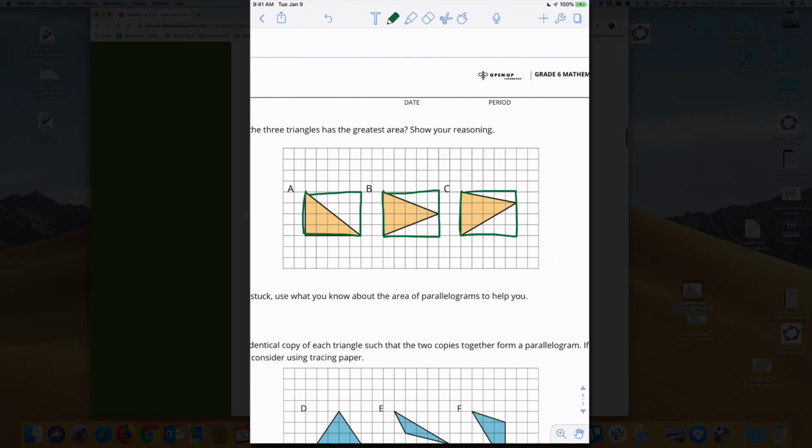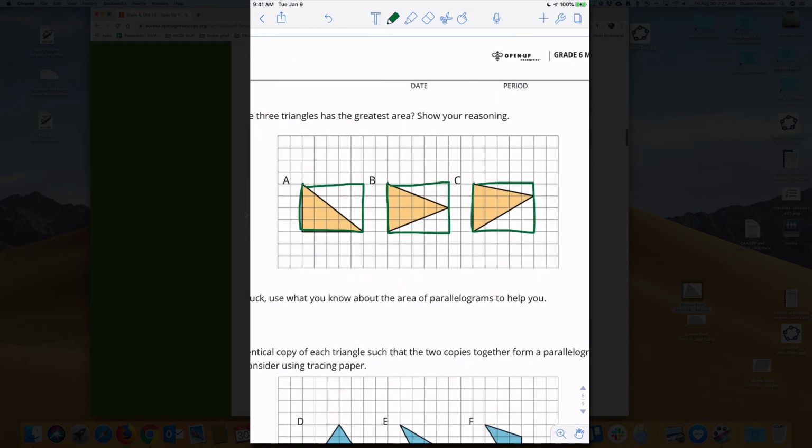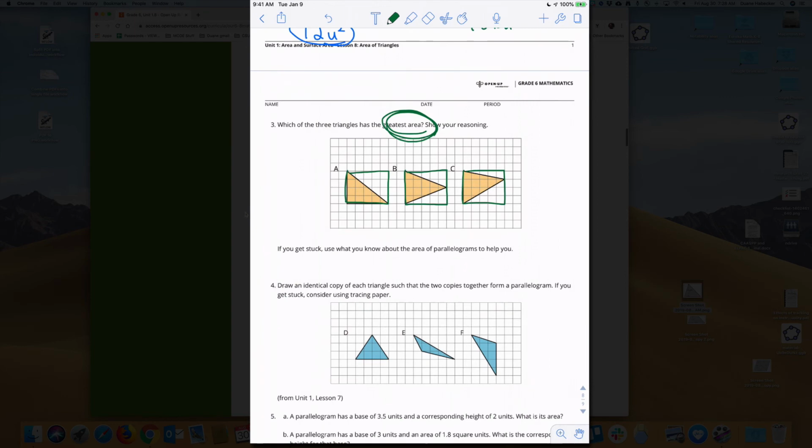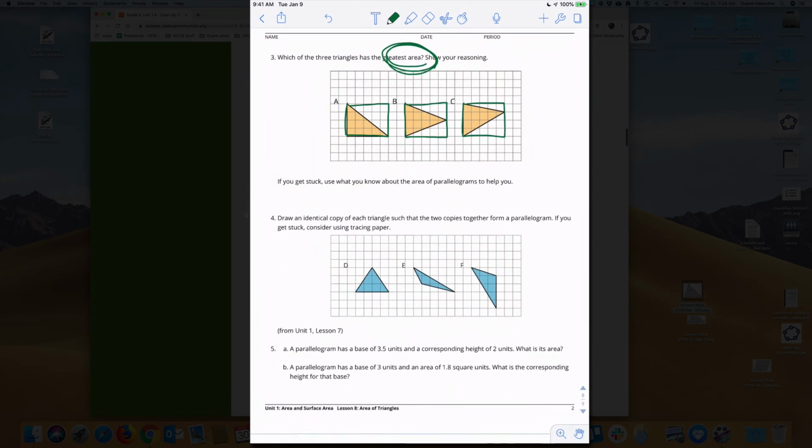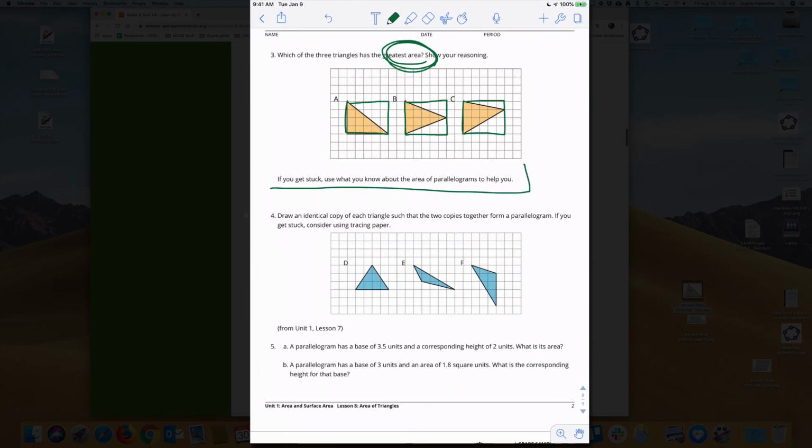Look at each of the rectangles that can be created, or each of the parallelograms that can be created with those triangles. Are you starting to see a hint as to what is the greatest area? I'm going to leave that to you, because that's a juicy problem for you to work on. But it does say, if you get stuck, just find the area. Find the area of all the triangles, which is really half of the parallelograms, right?